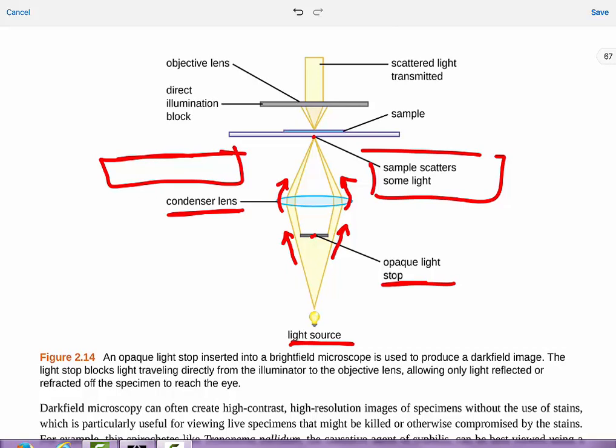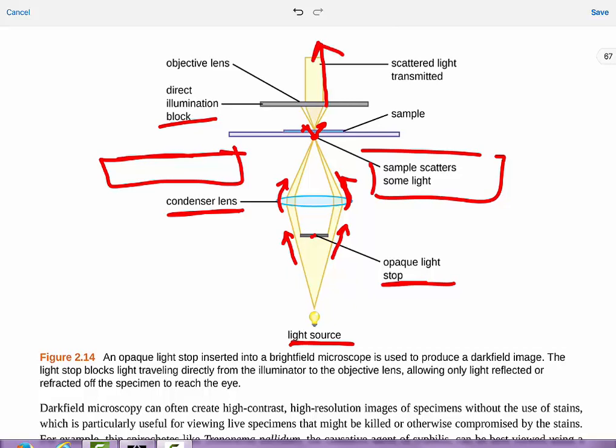So this bent light comes around and goes to the specimen being looked at. And then the specimen is going to be refracting and reflecting the light as it's being hit by this light coming around. And as it's going up, we have our direct illumination block, and then what is scattered is transmitted.